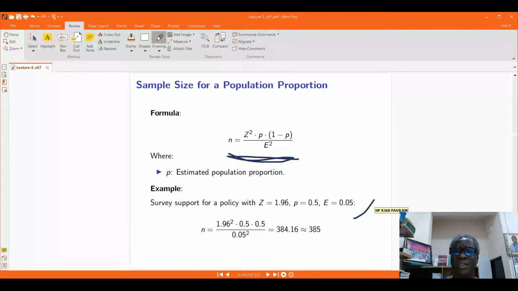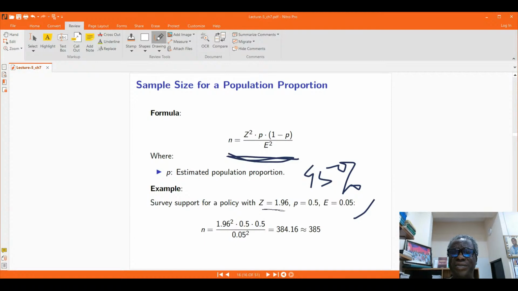In this case, again, we have chosen the confidence level to be 95%. And that's why the z-score corresponding to the 95% confidence level is 1.96.